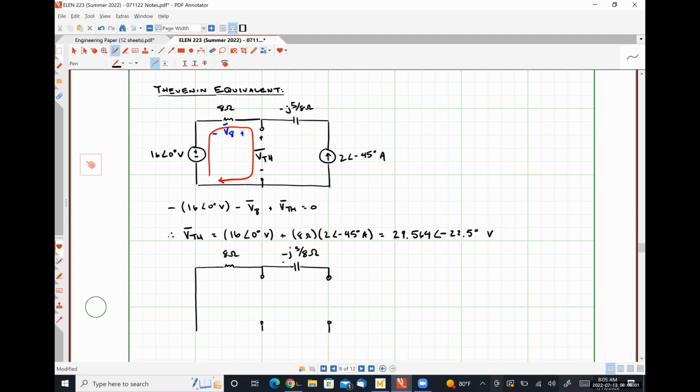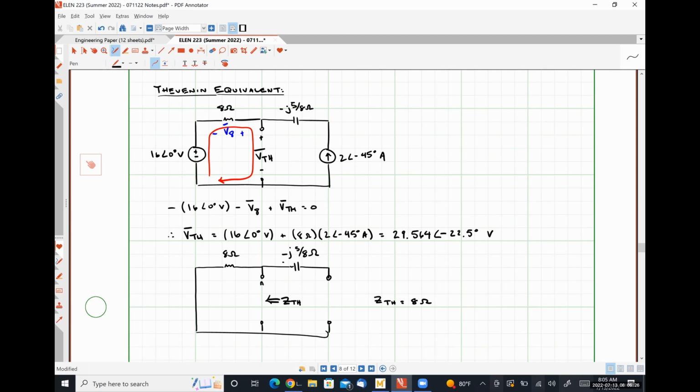These open circuit terminals on the right-hand side are from turning off our current source. And so we're looking in here to find Z Thevenin. And it should be pretty obvious that Z Thevenin is simply our 8 ohm resistor, right?